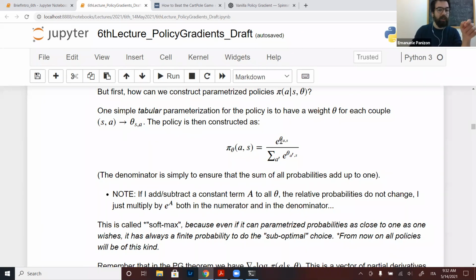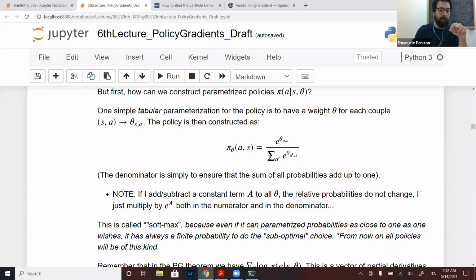The essential term is the term above. Since the probability has to be positive, this is an exponential, so it's fine. And it says that the probability of doing an action is basically proportional to the exponential of this weight. And we only need to store and carry out one weight for each action. Okay.